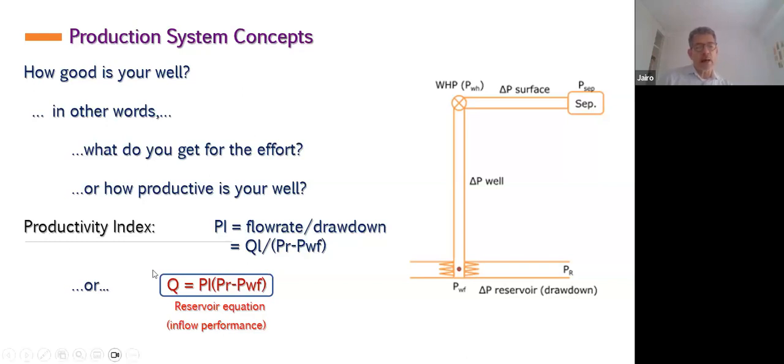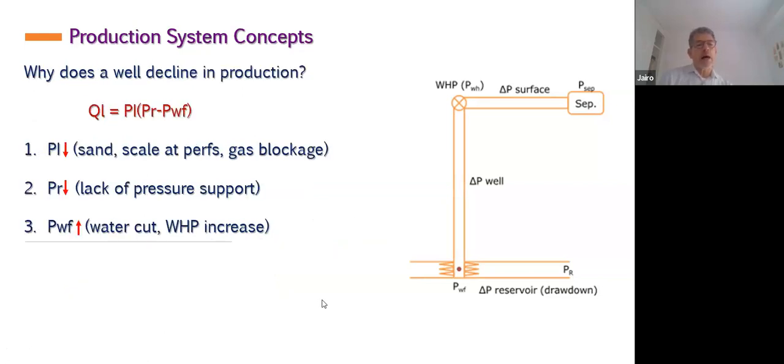Q equals PI times the differential pressure is a reservoir equation, an inflow performance. Why does a well decline in production? That's the question.